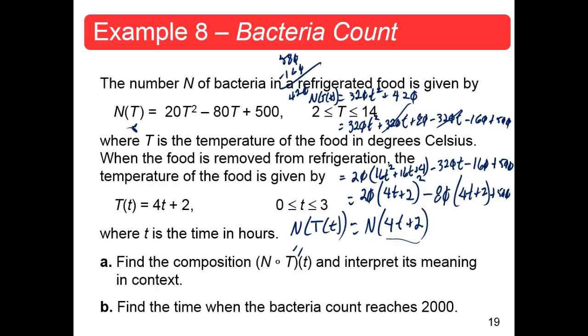So let's plug it in. Let me come down here and do it. Okay, is that all right? 2,000 is equal to 320 t squared plus 420. That's what we're trying to solve. Find the time.